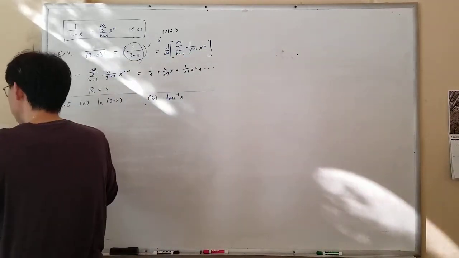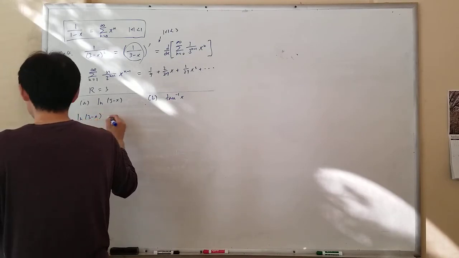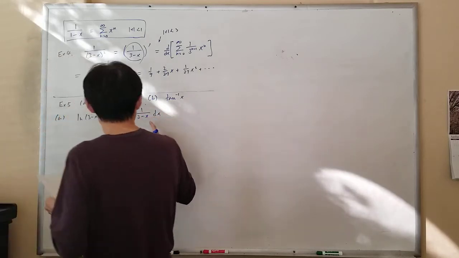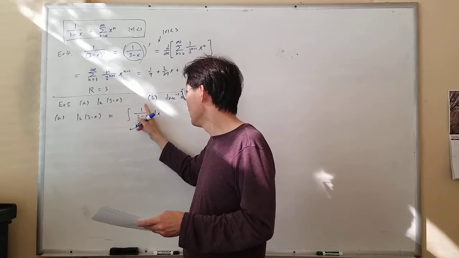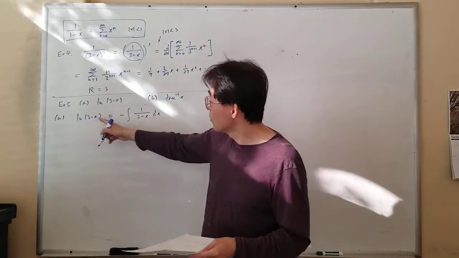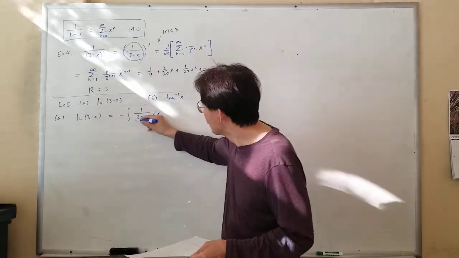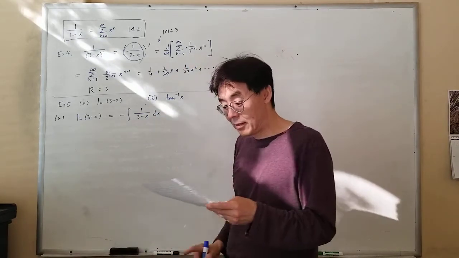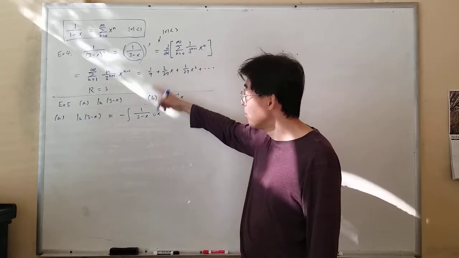Now, a: ln of 3 minus x is actually the result of integrating 1 over 3 minus x. The antiderivative of 1 over 3 minus x, accounting for the derivative of the inside, is ln of 3 minus x with a negative sign. So it is just the negative of the antiderivative of 1 over 3 minus x, whose power series was already obtained. So we can use term by term integration.